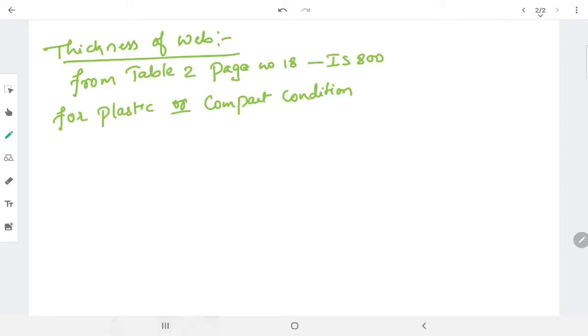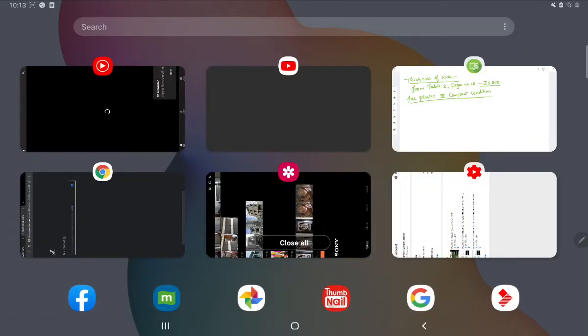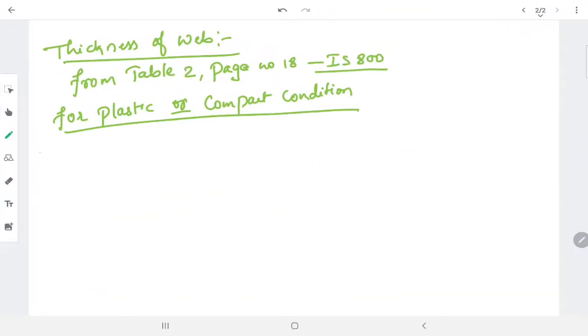Thickness of the web is calculated from table 2, page number 18 of IS 800. For plastic and compact condition, you check in IS 800, which gives d by tw is less than 84 epsilon, or 105 epsilon.